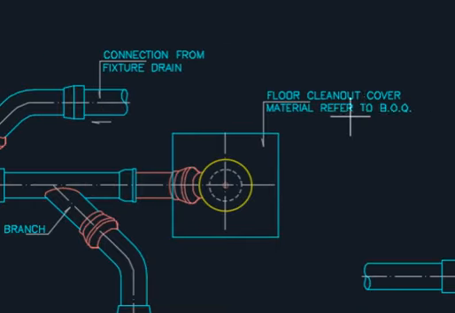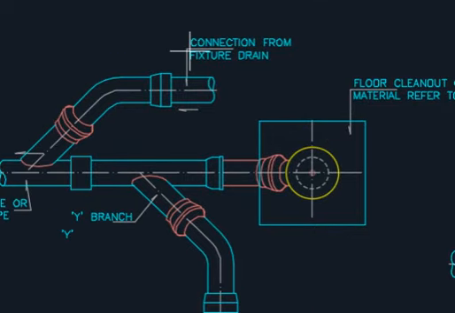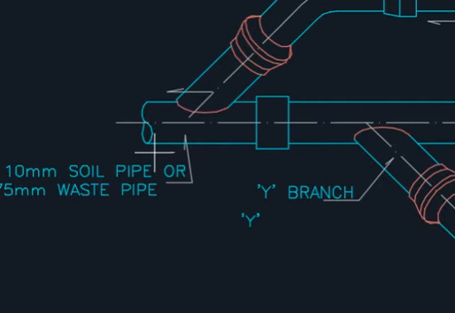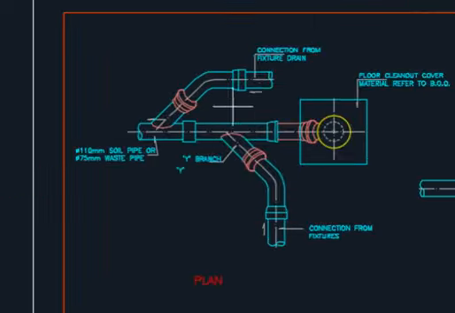So the floor clean out cover is as per the reference. This is the connection layout, and this is a Y type. This is a 110 pipe, or this pipe will be 75. We will give the specification in the drawings.